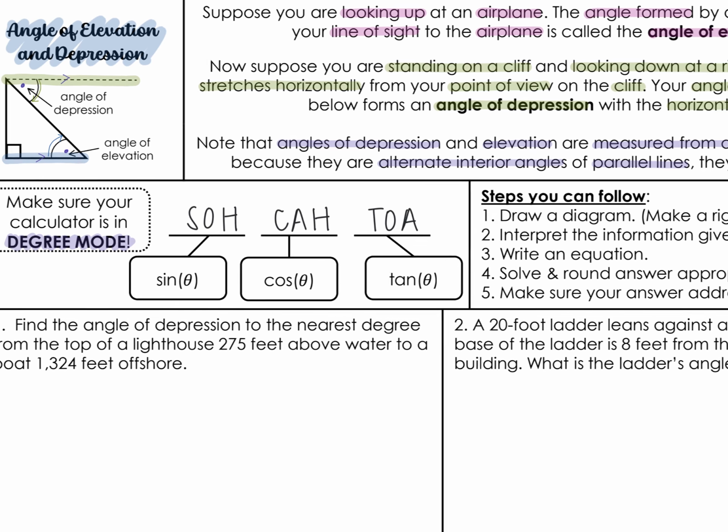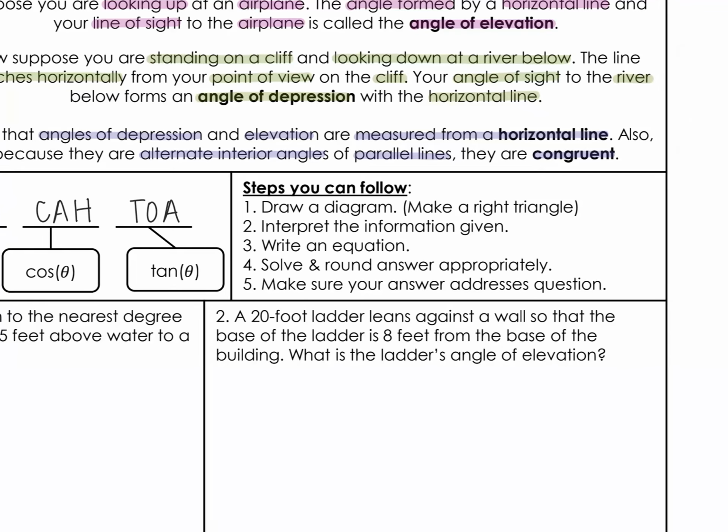All right. Lastly, before we jump into our problems, I've got a few steps that you are more than welcome to use as you are working through these problems. They are the steps that I do use, so you'll see me use them. Step 1 is draw a diagram. We're going to make a right triangle because this whole unit is over right triangles. Step 2, interpret the information given.